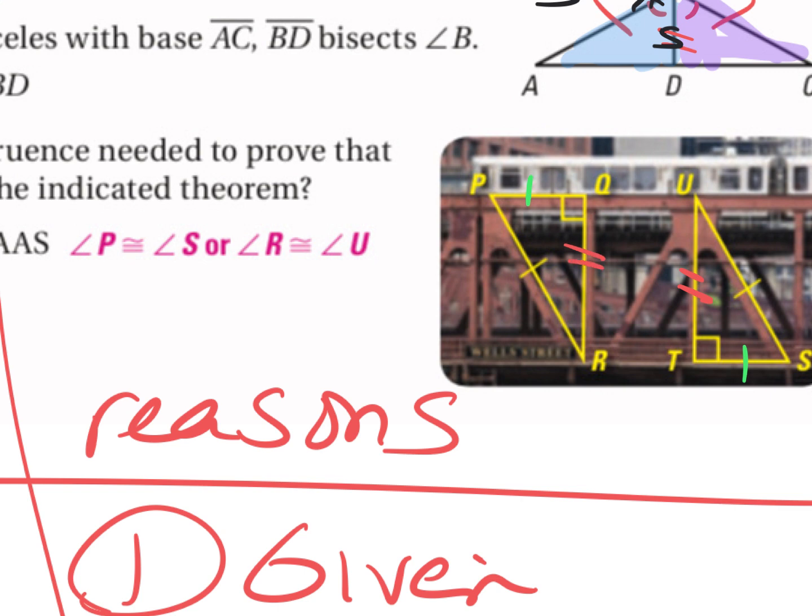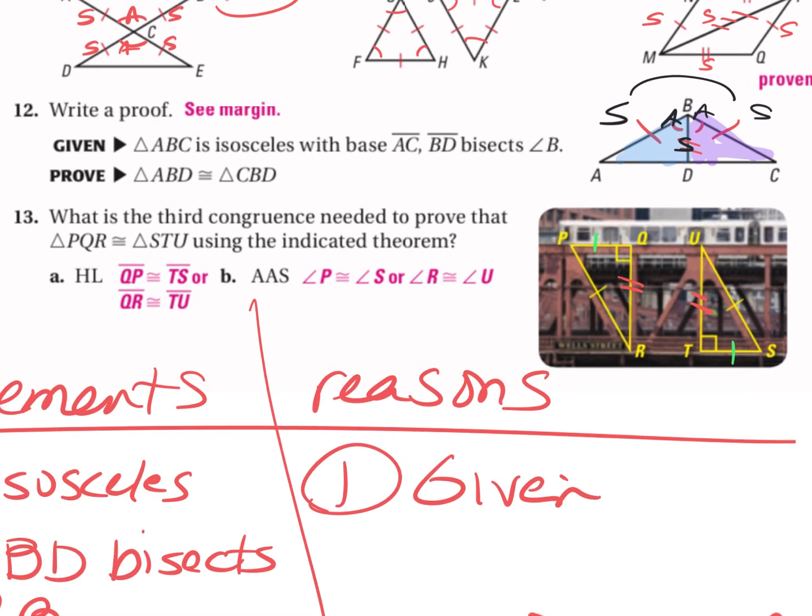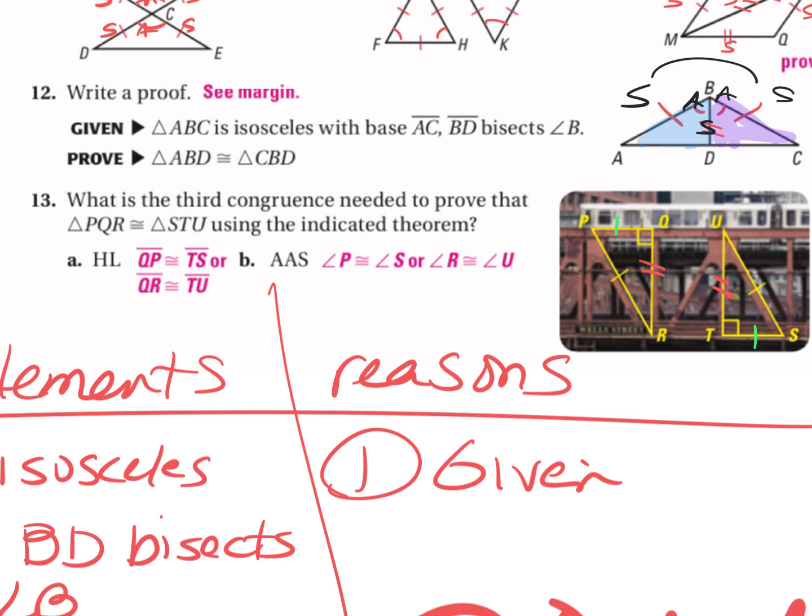So the correct statement should have been either stating that PQ or QP is congruent to TS, the green one, or the red one, the QR, congruent to the TU, what I put the red marks on. So either one of those. So you would have needed, they already gave us the right angle and they gave us the hypotenuses marked. I needed a leg that was marked.